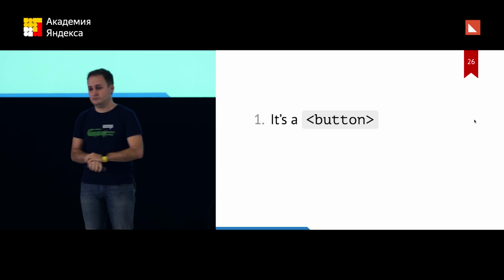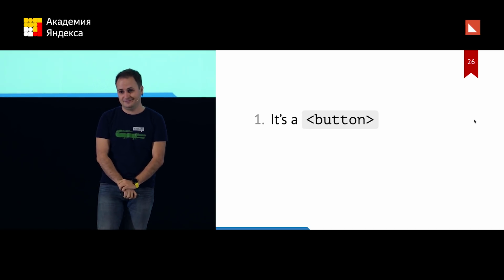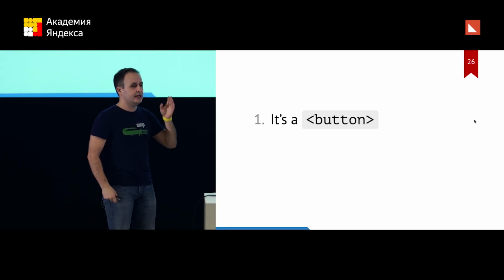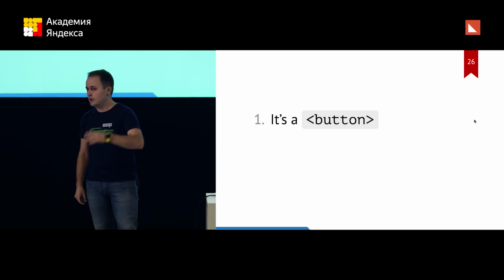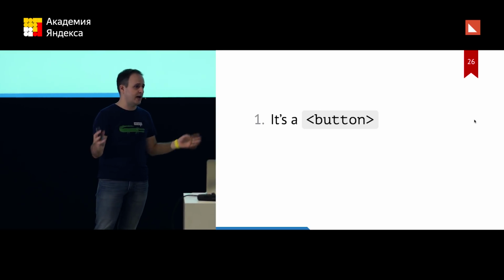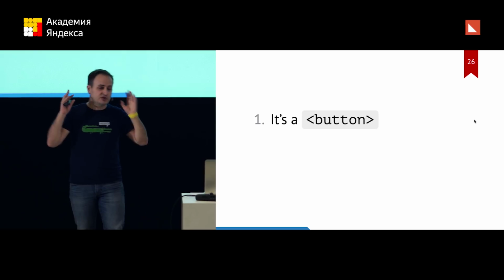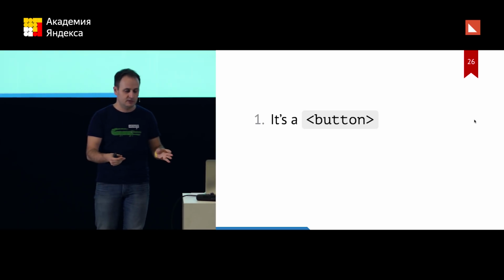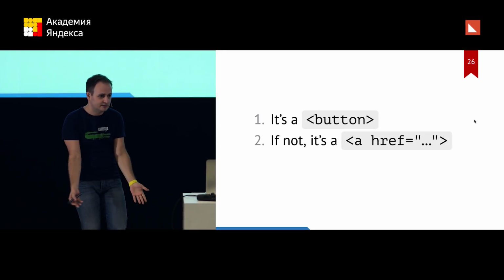The first, it's always button. Like always. The first thing you do, if there's an interactive element that should be clicked or interacted somehow with, and it's just a button, always. If it could be clicked, it's a button. If it's not, it's a link.